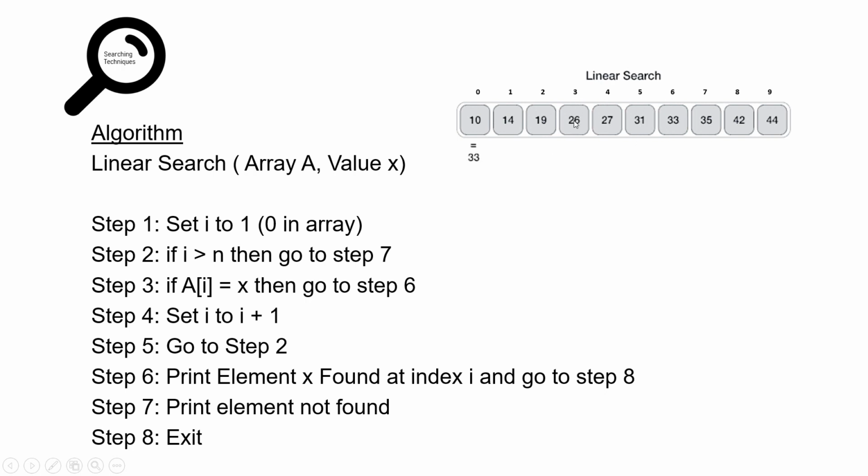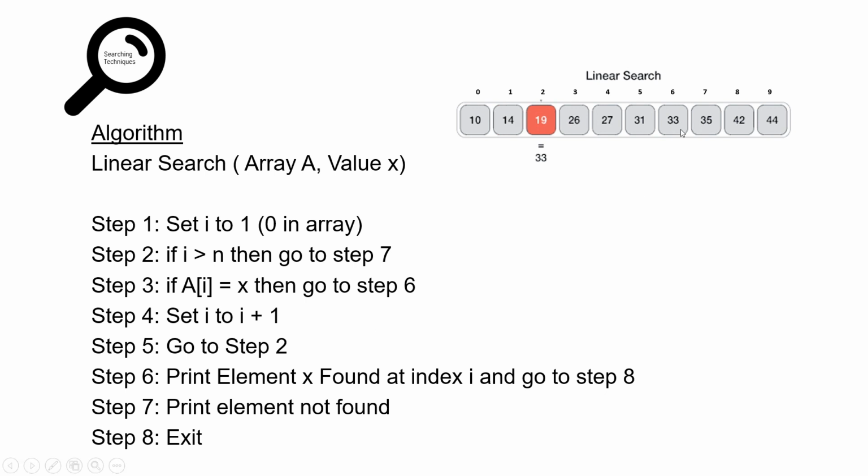Index of 3, which is valued as 26, hindi pa rin match. Hanggang marating mo plus 1 plus 1 plus 1. Ngayon, nakarating tayo sa array index of 6, which has the value of 33, at ang hinahanap natin ay 33. Therefore, it's a match. So, ang gagawin natin is to go to step number 6. Ipiprint natin ngayon yung value na nakita natin.